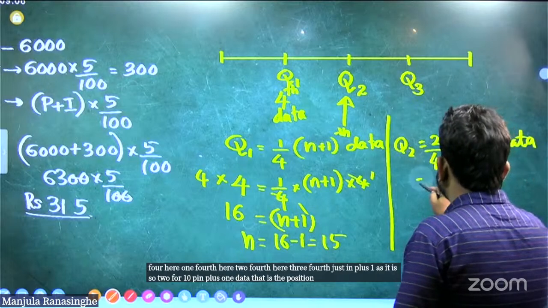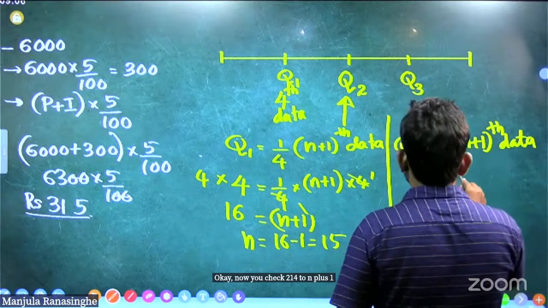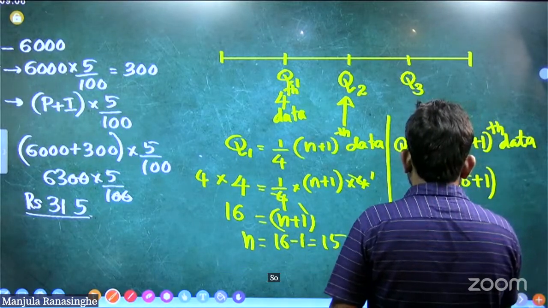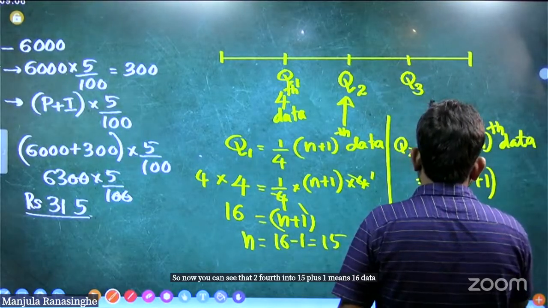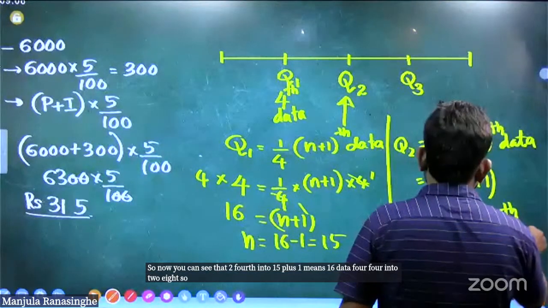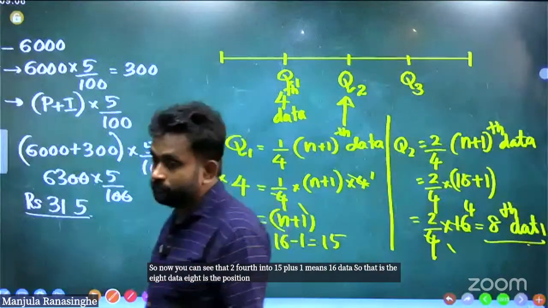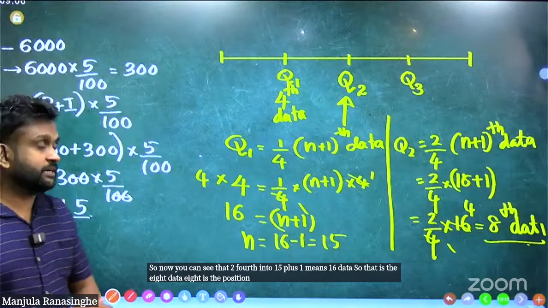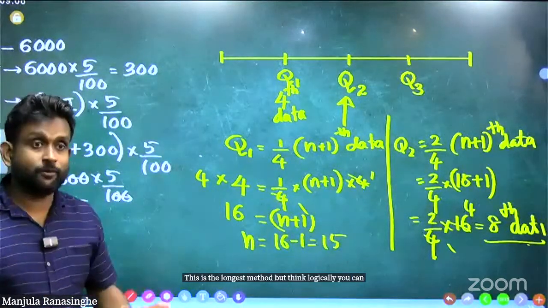Now n is 15, so 15 plus 1. 2/4 into 16 data: 4 into 4, then 4 into 2 is 8. So that is the 8th data. 8 is the position. This is the longest method, but thinking logically you can also find it simply.